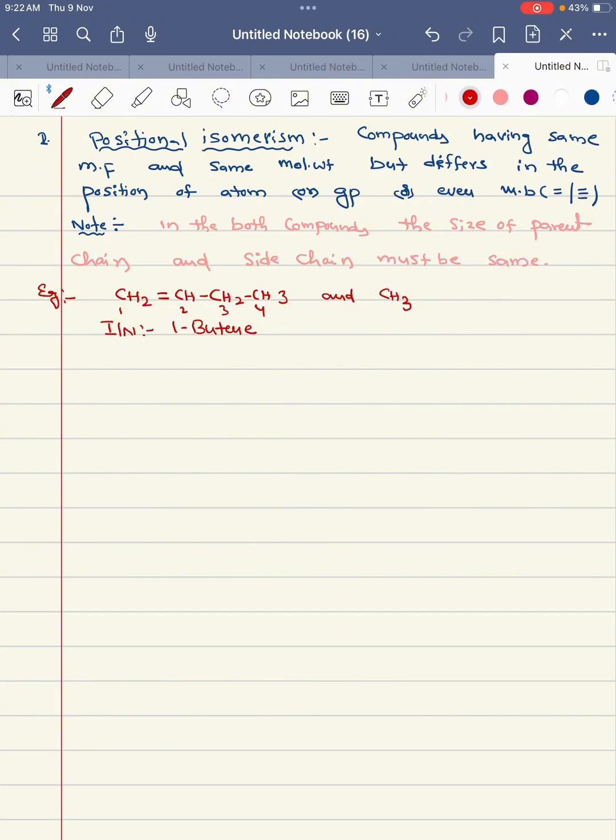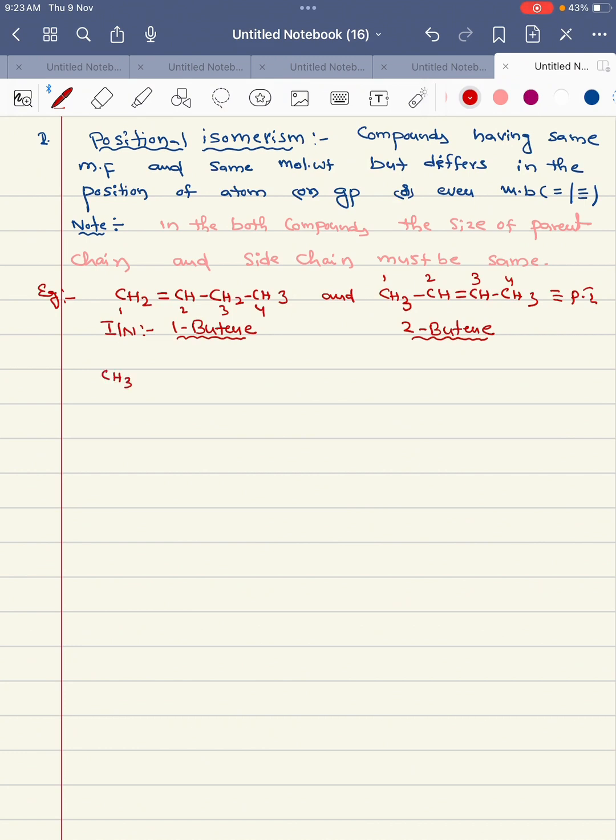So here I write CH3, CH double bonded CH, CH3. It is called 2-butene. So 1-butene and 2-butene are which type of isomers, students? These are called positional isomers. In 1-butene, the double bond is located at the first position. In 2-butene, the double bond is located at the second position of the carbon. Hence, 1-butene and 2-butene are positional isomers.